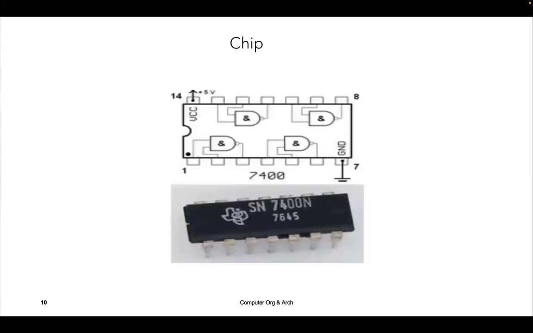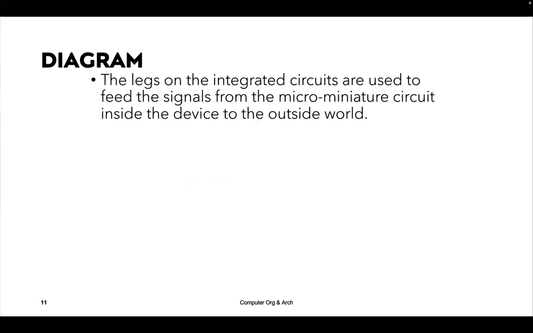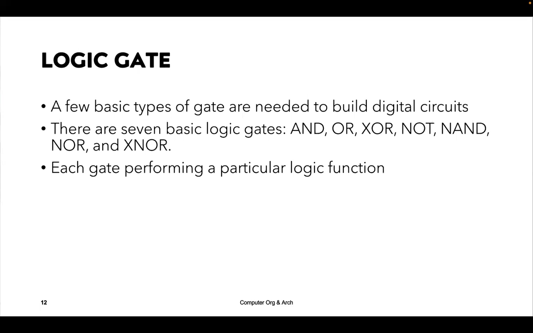Here we may have a chip, as you can see. The legs of the integrated circuits are used to feed the signals from the system inside the device to the outside world.